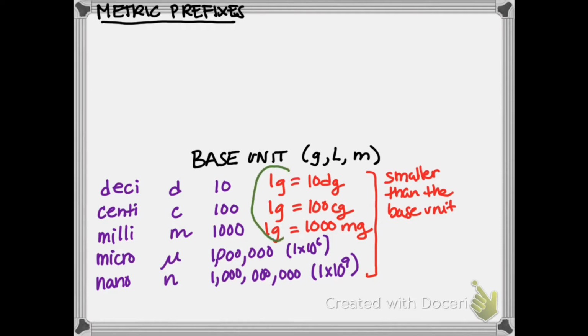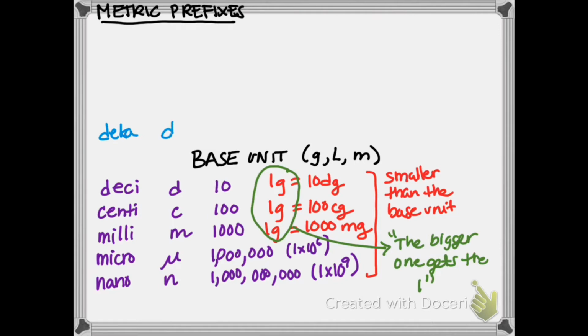So we see that the bigger unit, the gram, gets the 1, and the other unit, or prefix, gets the number I wrote down. So our mantra is the bigger one gets the 1, meaning the bigger unit is going to get the 1 in our conversion. This is going to be helpful now as well when we do our metric prefixes that are larger than the base unit. So we have deca, which is D-E-K-A, symbol D-A, and the conversion we're going to use for that is 10.